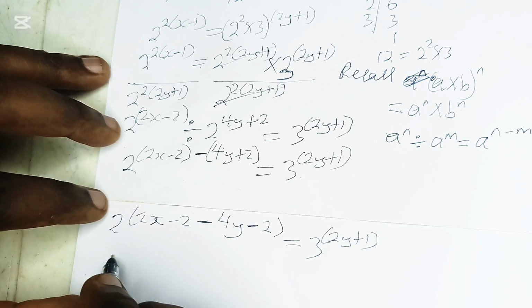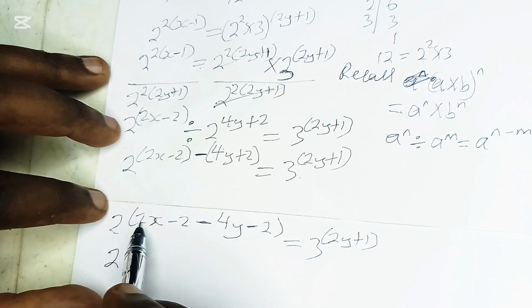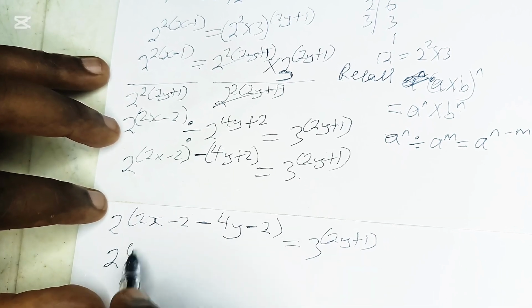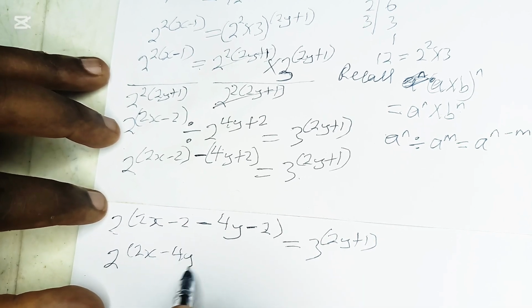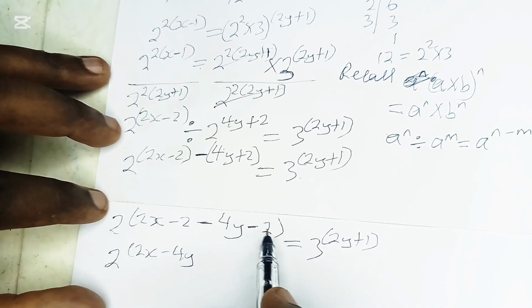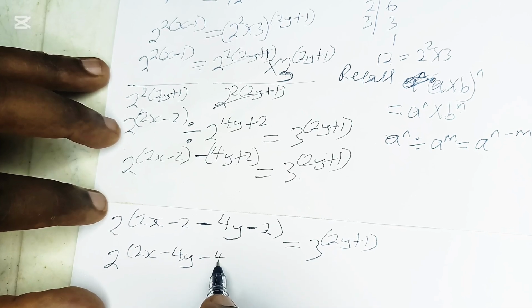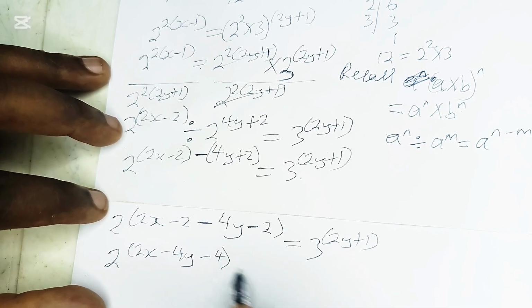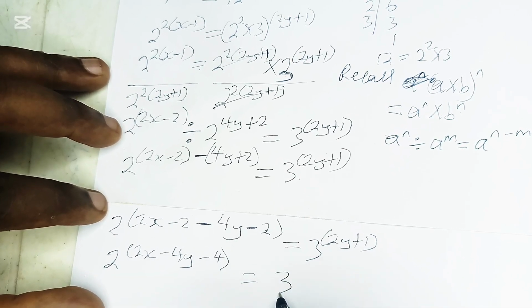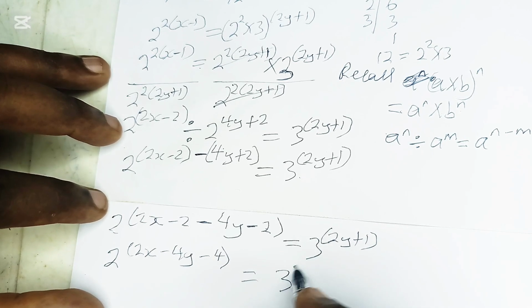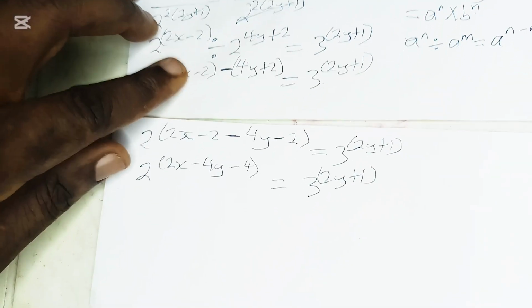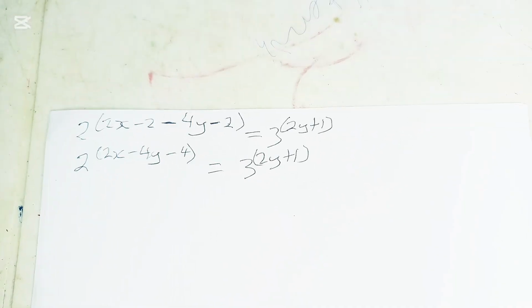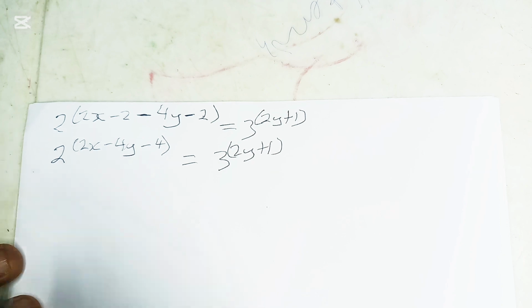Solving this, this and this are left hand, so we have 2 raised to the power of 2x minus 4y minus 2 minus 2, that's minus 4, is equal to 3 raised to the power of 2y plus 1. The next thing we have to do is to introduce log. So introducing logarithm now.